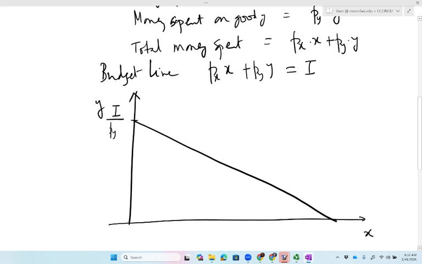The budget line is a straight line with the maximum amount of good X the consumer can afford being equal to income I divided by price of good X.